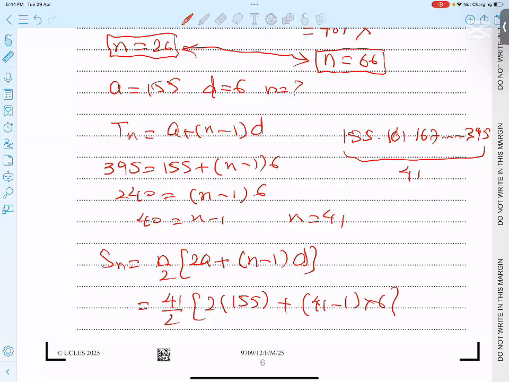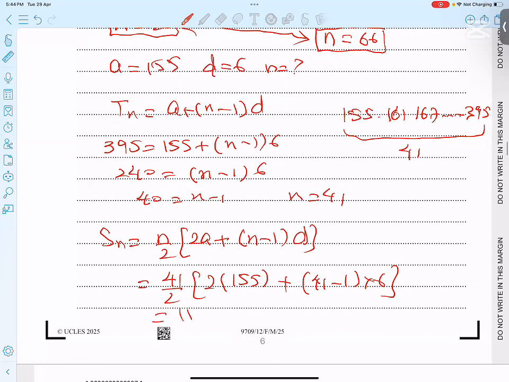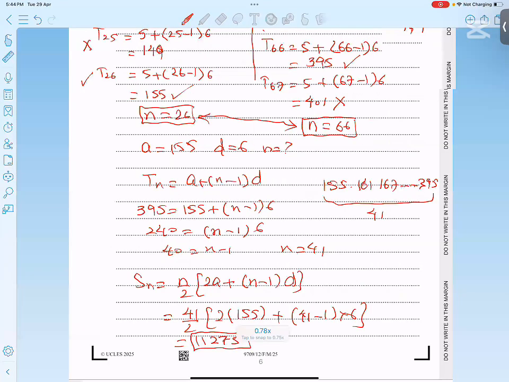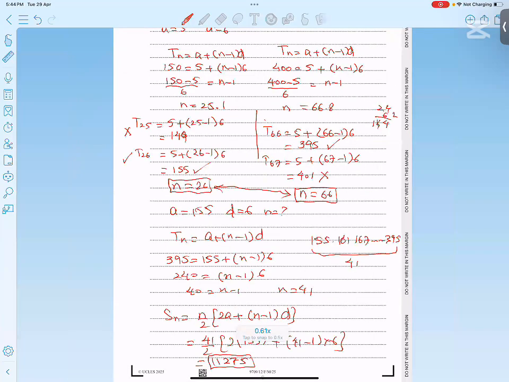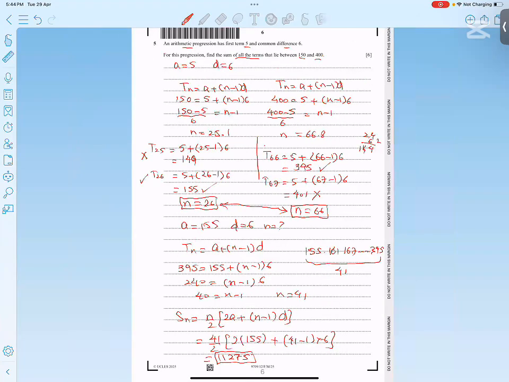So if I check in calculator, this answer turns out to be 275. Yes, 275. So this is my final answer. I hope so the concept is clear of the whole question. And let's go for next question.